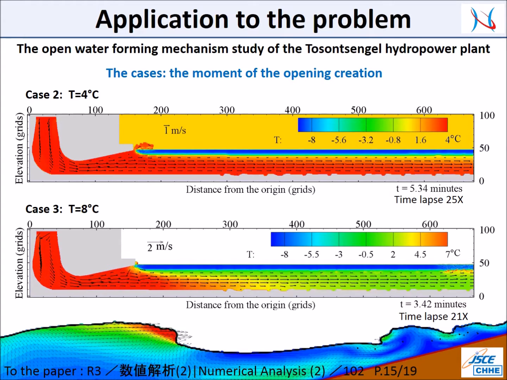But sometimes it is possible to get a temperature above 4 degrees Celsius because water is released from the reservoir. A temperature of 8 degrees Celsius is unrealistic in this case, but it helps to understand the phenomena.